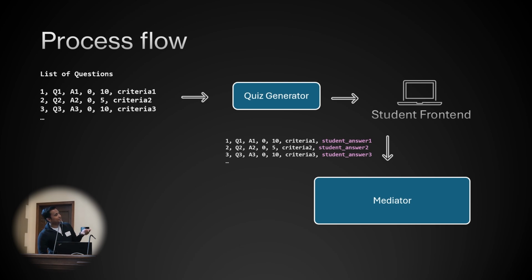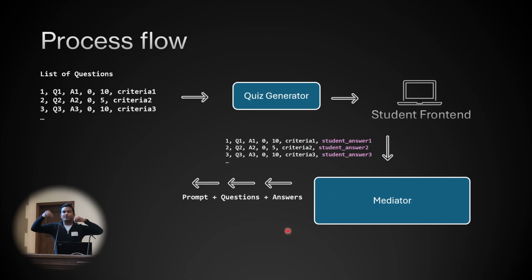Now the mediator will grab the prompt, the questions, and the answers, and it will generate the prompt. The big prompt that I showed you before is going to be generated by the mediator by grabbing all the data from the student's answers, the actual questions, the criteria, the other prompts, and it would send it over to the LLM. We do this not directly typing in ChatGPT.